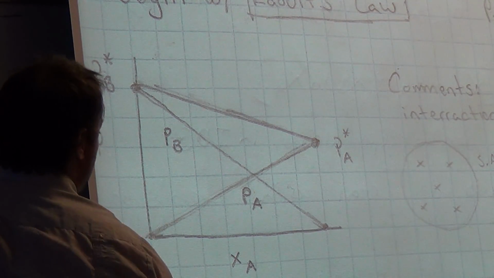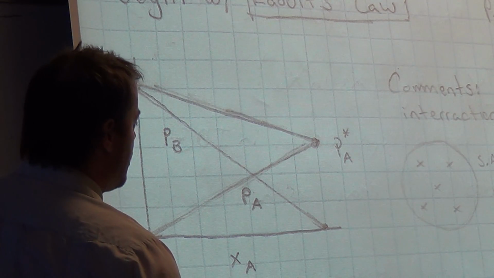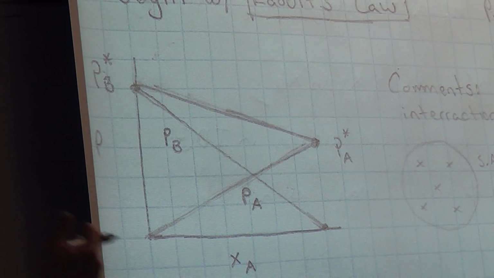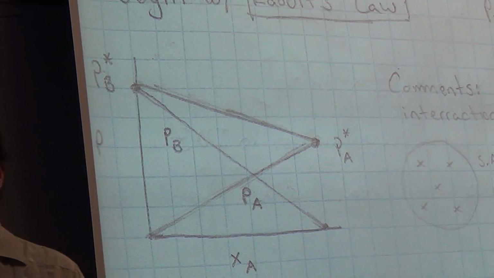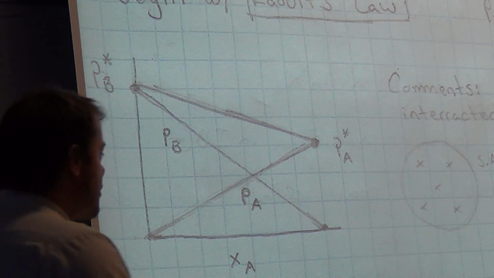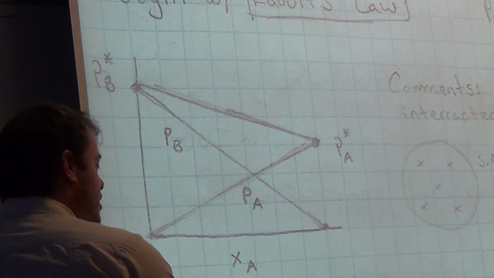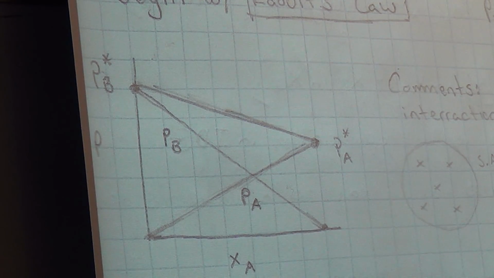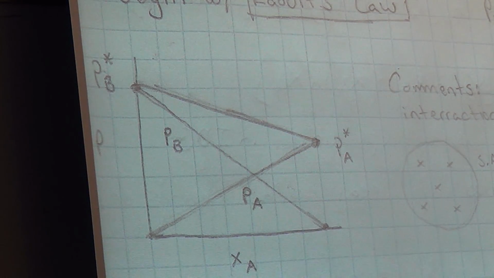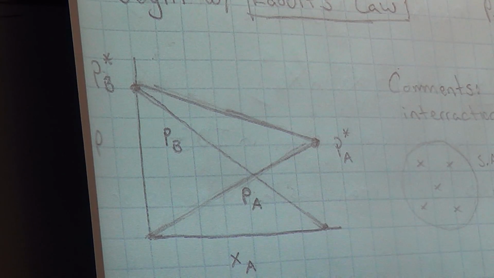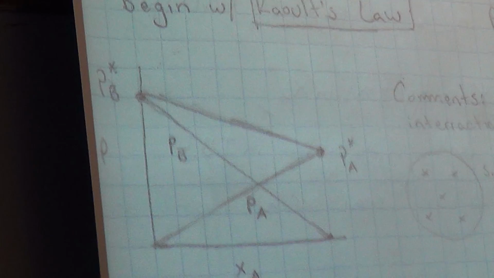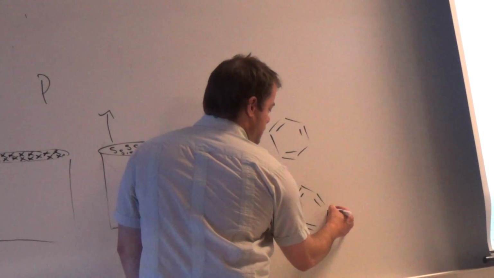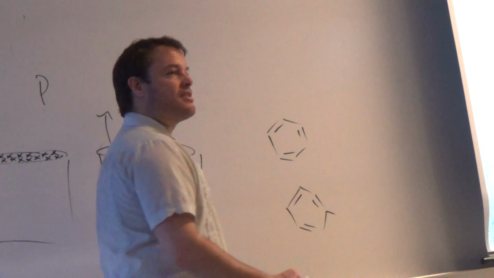This is not the way that most species behave. Like we said, for species that have similar interactions, this behavior can be expected, something like benzene and methylbenzene. So what's benzene and methylbenzene? There's benzene. There's methylbenzene.